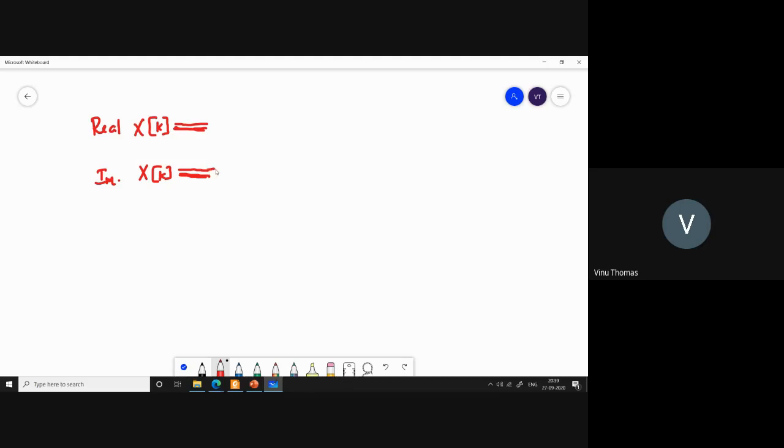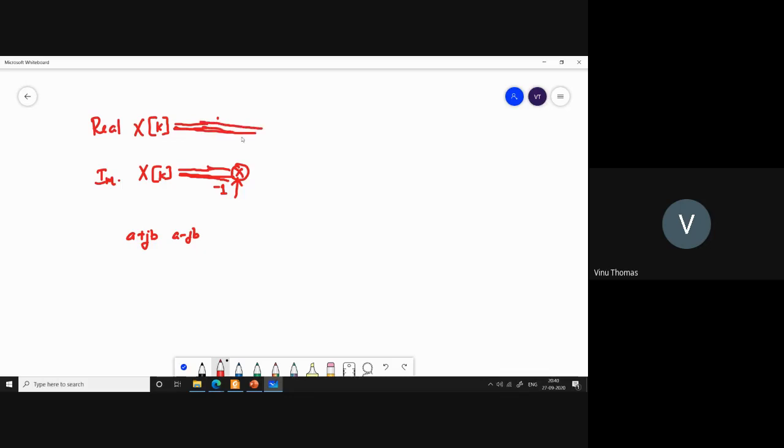Now I will take the conjugate of this. How will I take the conjugate? a plus jb, if I take the conjugate, is equal to a minus jb. So I will have to multiply the imaginary part by minus 1. All the lines are multiplied by minus 1.